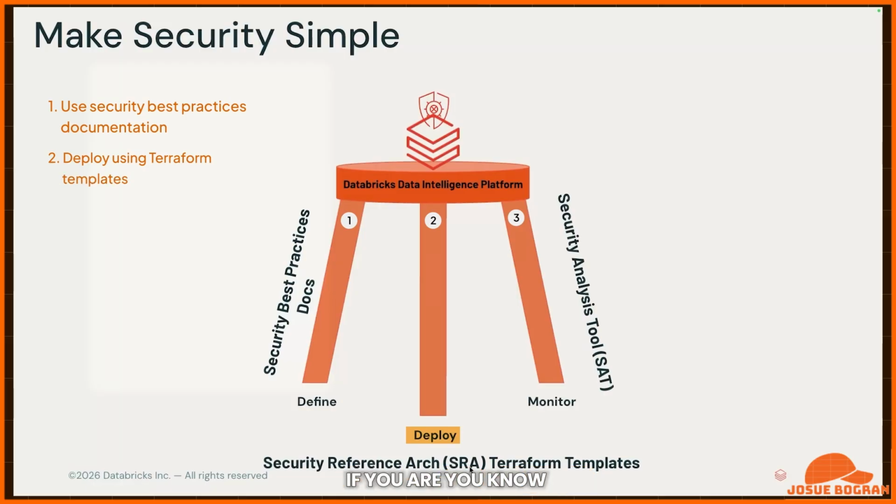If you are inclined to do so, you can use that, or you can just use the click-through way of deploying Databricks. Whatever that is, we prefer you use our opinionated Terraform templates, but you can use whatever method or process of deploying workspaces that you have, right? And then, however you got there, you never heard of security best practices docs, you never heard of Terraform templates, now you suddenly heard about, hey, there is an audit tool, and I want to use it.